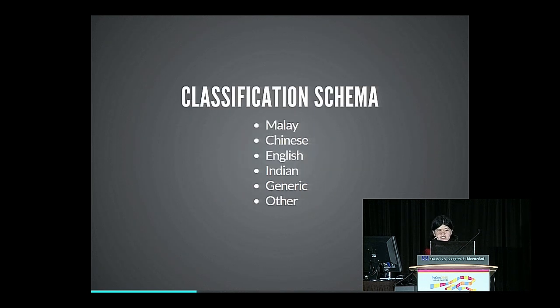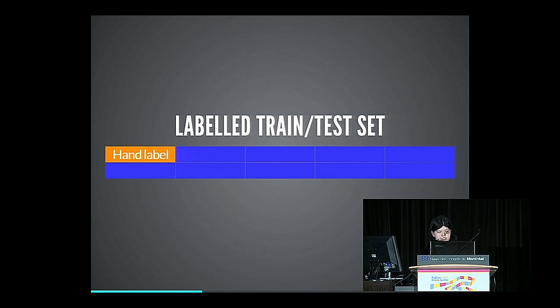So this is the classification schema I went with in the end. You see that it exactly mirrors the categories that we saw in the very beginning. And how I did the labeling was this. I divided up the data set into 10, and I hand-labeled the first 10% of the data.